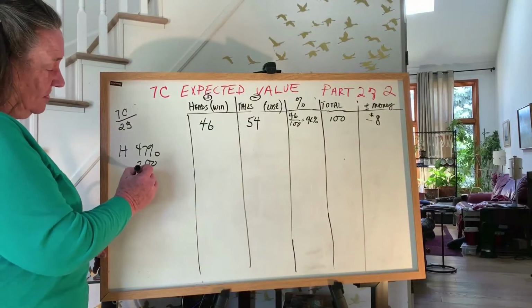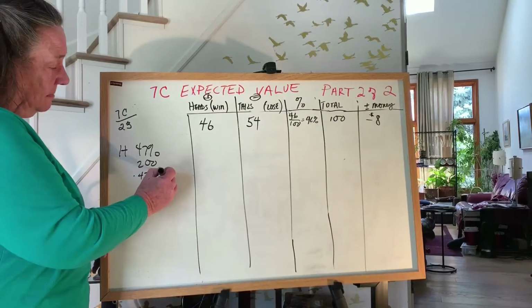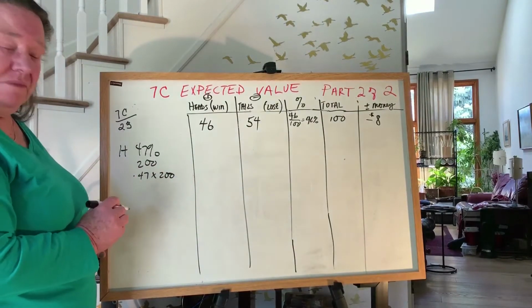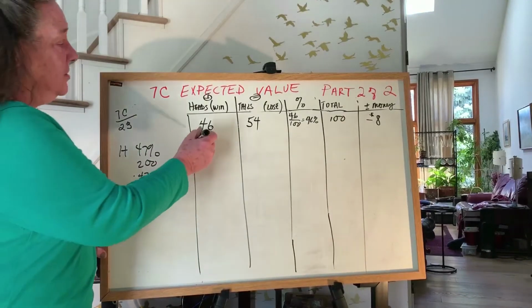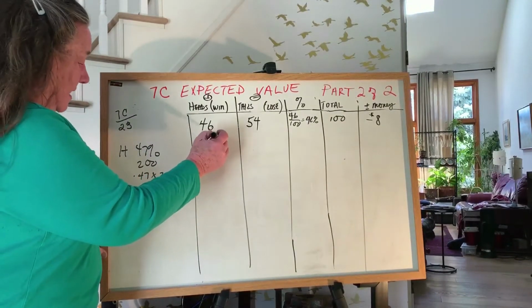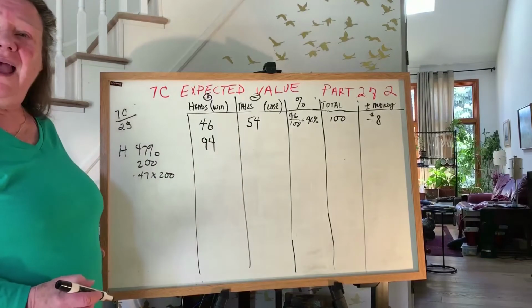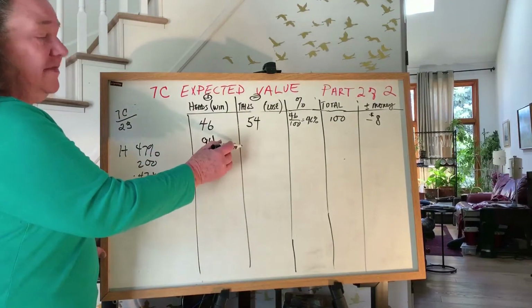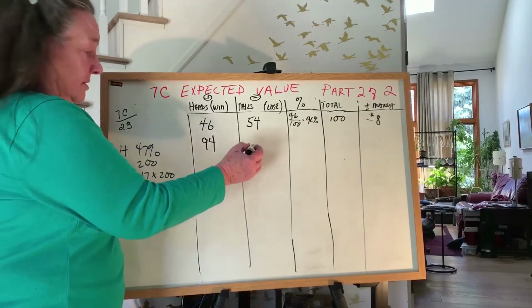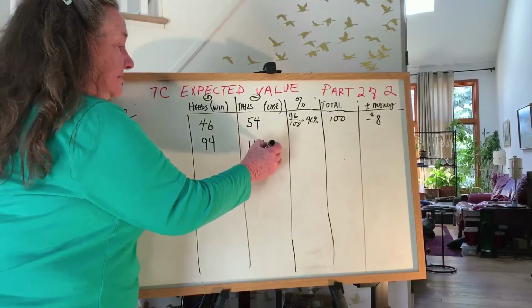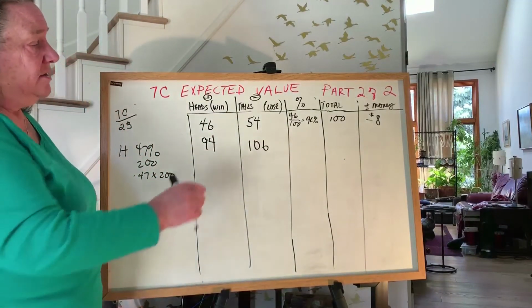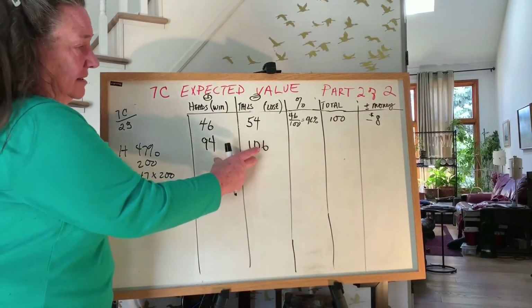Convert your 47 to a decimal and multiply it by 200. Remember, moving it 2, and you get 94 heads. And that would be how many tails? 106.